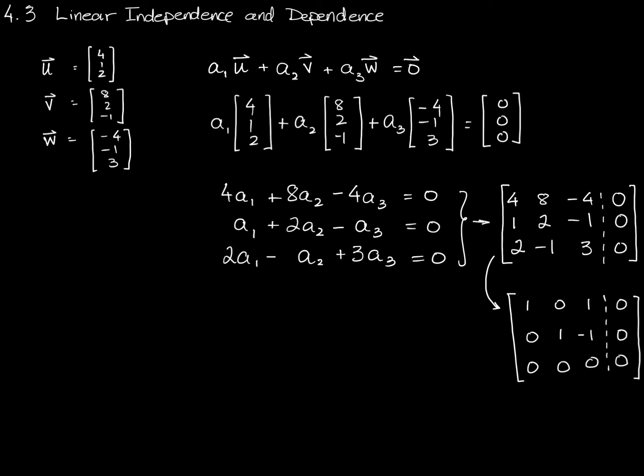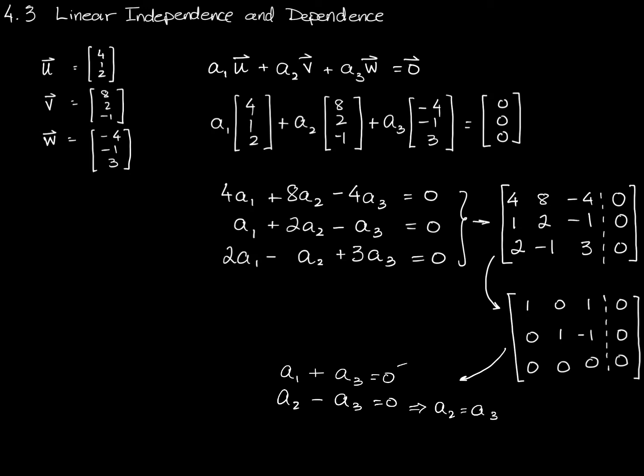Just for confirmation, if I take this information and go back over here, my first line tells me that A1 plus A3 equals 0. My second line tells me that A2 minus A3 equals 0. And the second of these two tells me that A2 equals A3.